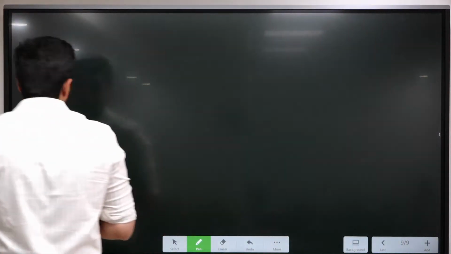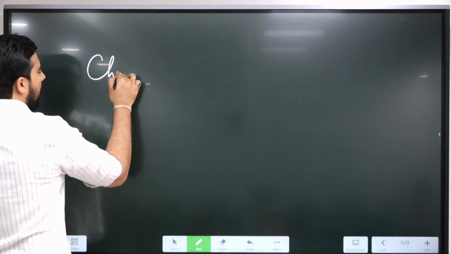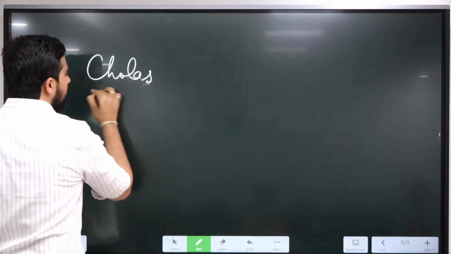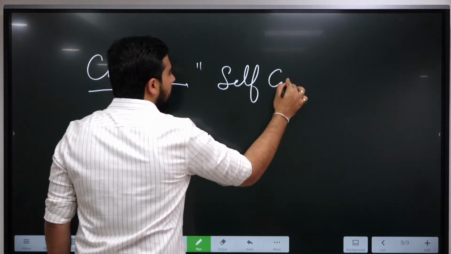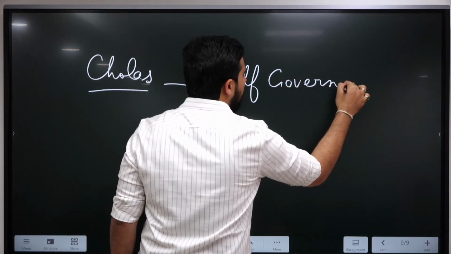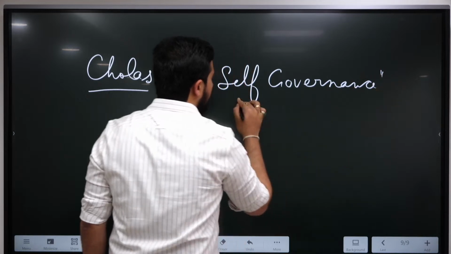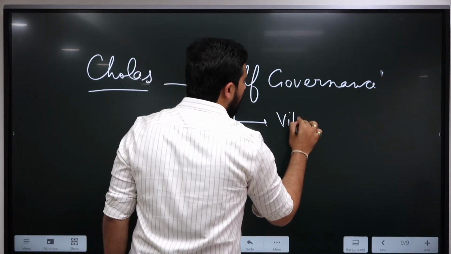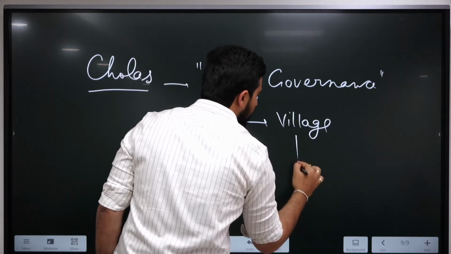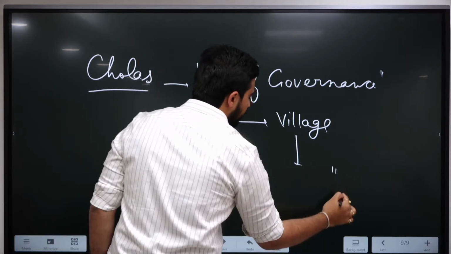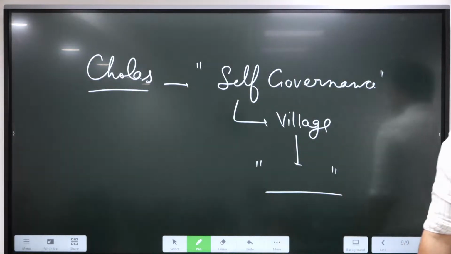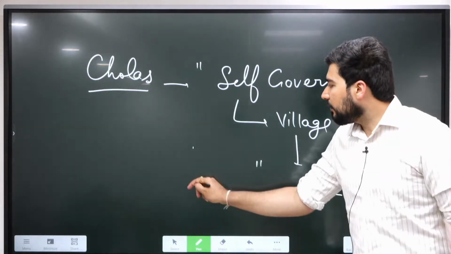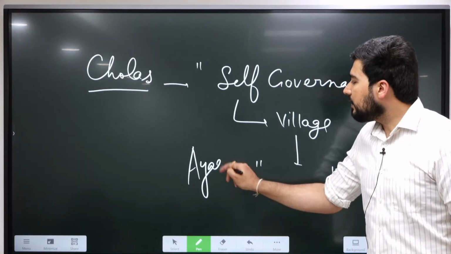Along with this, we had discussed at the time of discussing the Cholas, they were having a system of self-governance at the level of village. Now this system was also changed by the Vijayanagar. Okay, now the elections were not held and this system came to be known as the Ayagar system.